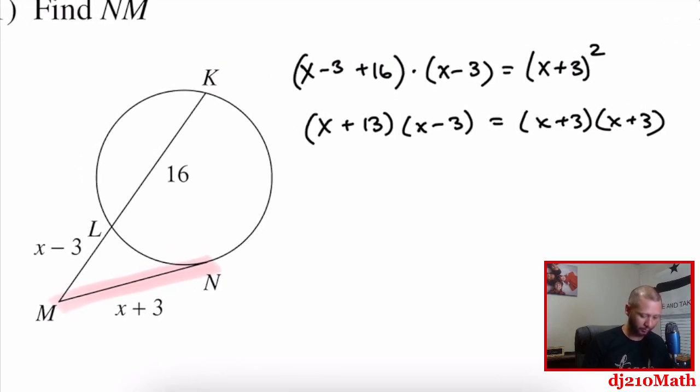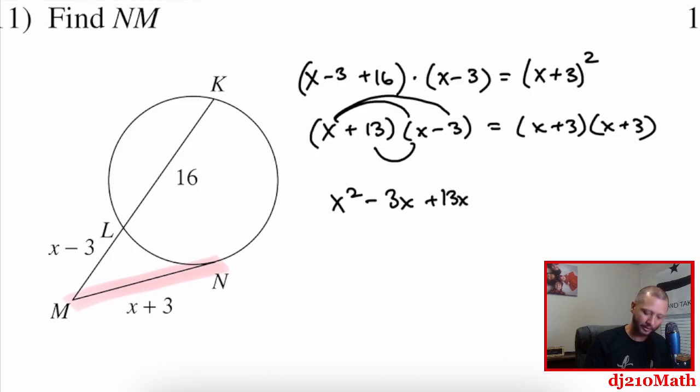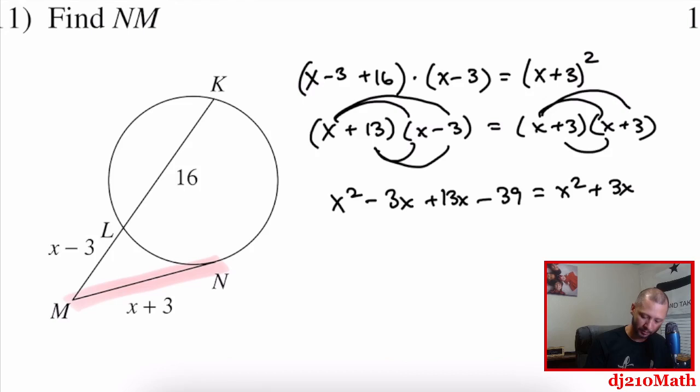Using double distribution, or FOIL. So this is going to be x squared - 3x + 13x - 39 is equal to x squared + 3x + 3x + 9.